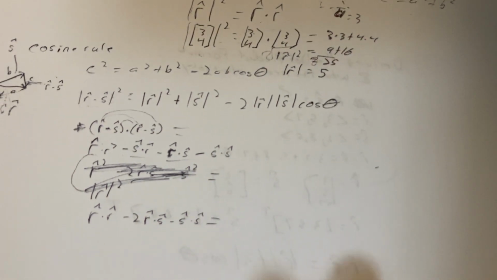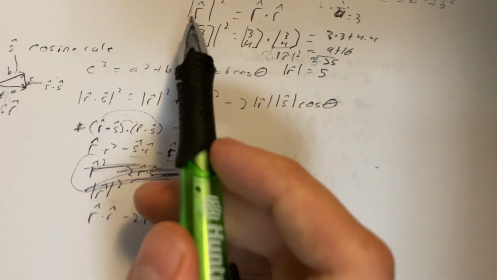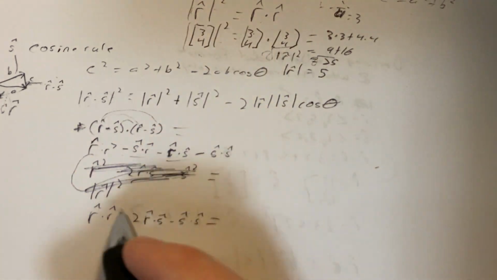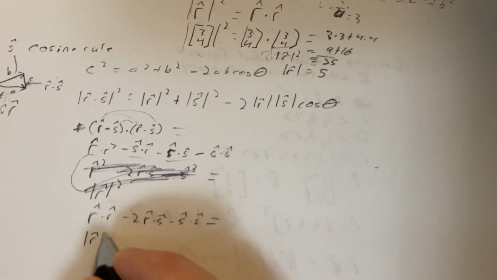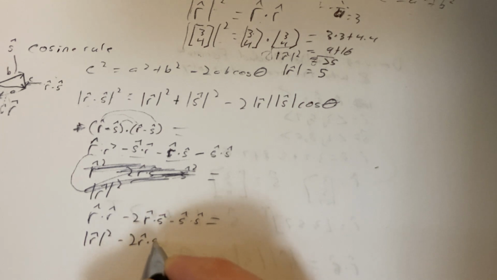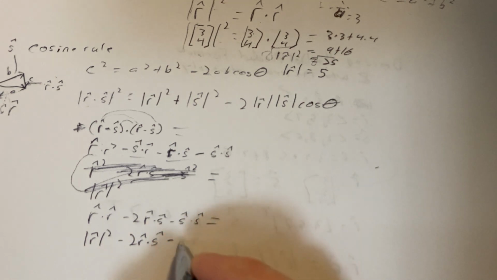And we know from this rule up here that we can substitute in the length of r hat squared, minus the length of s hat squared.